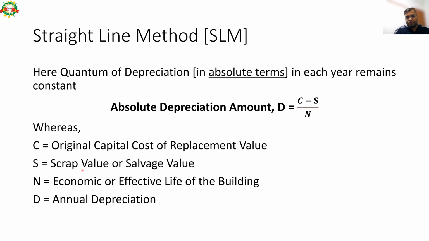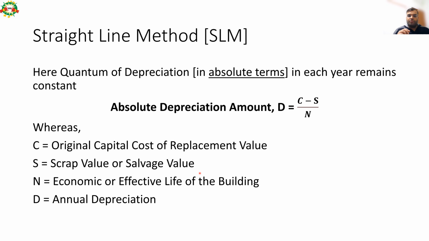There is a difference between scrap value and salvage value from a theory perspective, and the same has been discussed in chapter 8 part 1 session 1. But for numerical purposes, don't differentiate between these two. These two terminologies can be used alternatively.